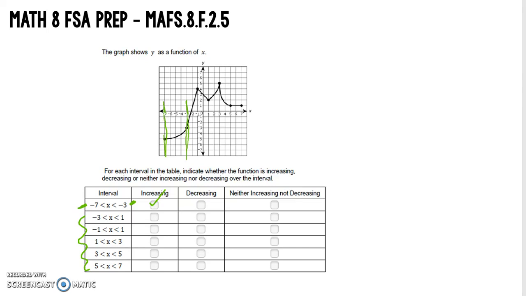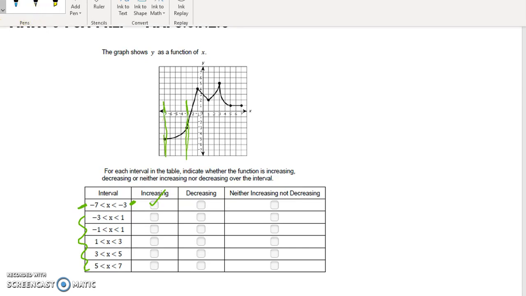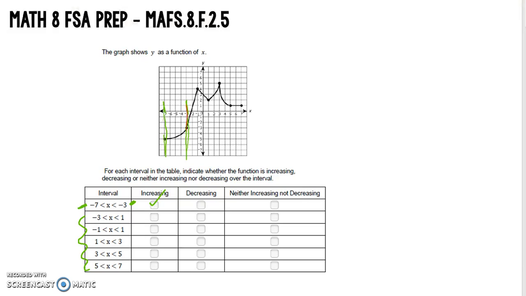Okay, so let me use a few different colors here. The next interval is from -3 to -1. So if we take a look at that graph over that interval, again, you'll notice that that graph is increasing. If something is increasing, it is going up from left to right.